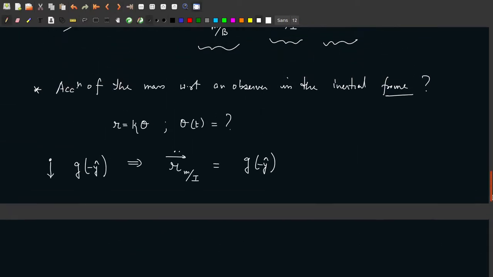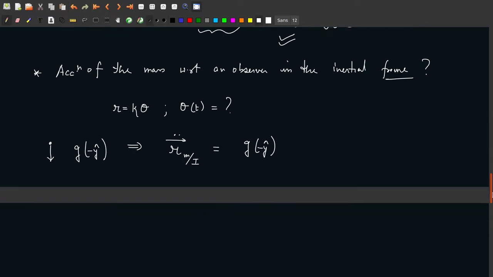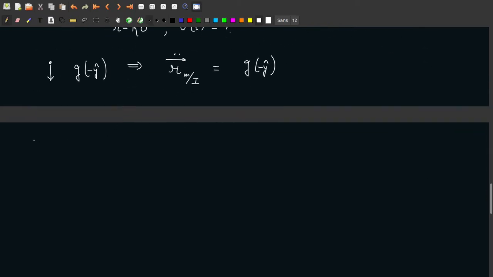Now the second part asks you to find out, having calculated the first part, that is the acceleration of the mass with respect to the inertial frame. Now the r as well as the theta dependence with respect to time of the bucket in the inertial frame is given to you.